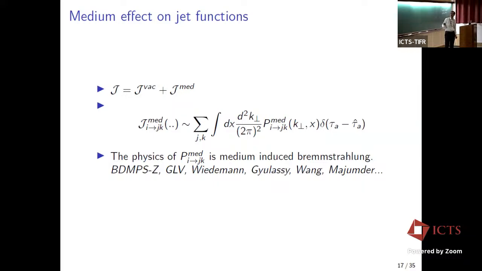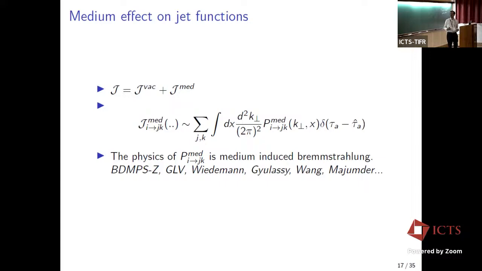So the actual jet function just becomes the vacuum function plus a medium modified function. And these medium modified functions have been studied in various formalisms and approximations. The physics is kind of simple. It's medium-induced Bremsstrahlung.